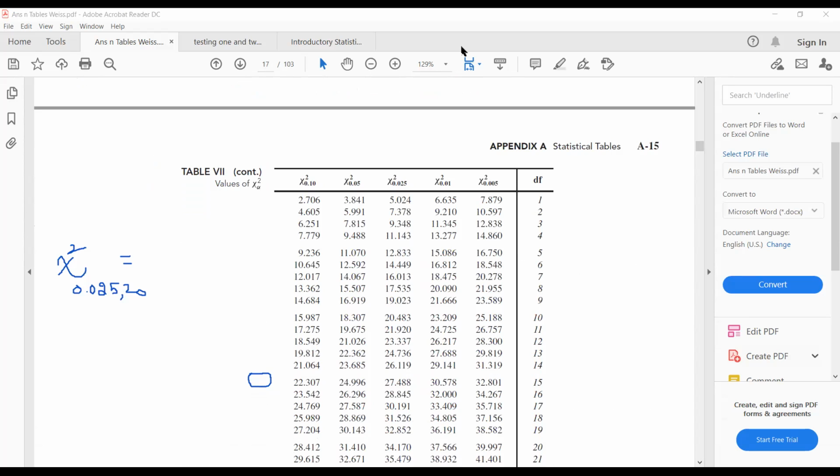Here we have 20 degrees of freedom. Against this 20 degrees of freedom, 0.025 is in the middle column. This is the number on the right side. So this number is basically the critical point, 34.17.